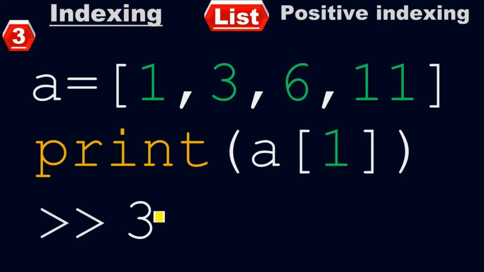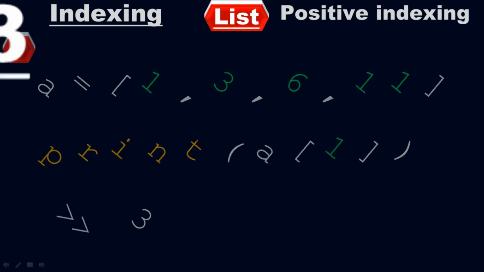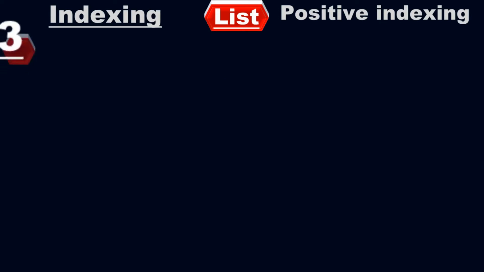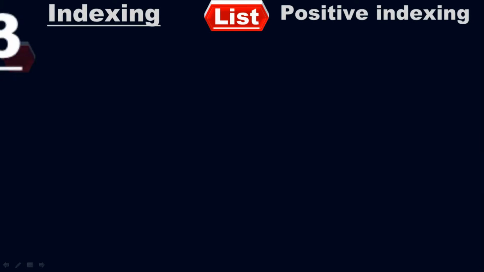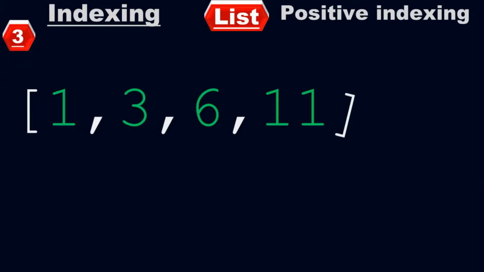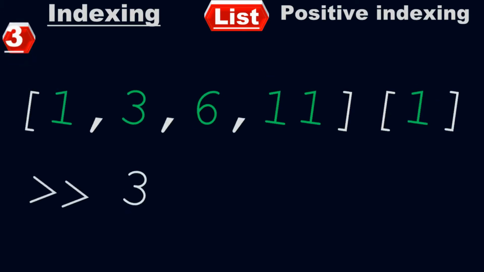Therefore, it returns 3 in the final output. But what about the second method? Directly take the print of [1, 3, 6, 11] of 1, which returns the same answer, 3. And according to the third method, we also have the same answer, 3.